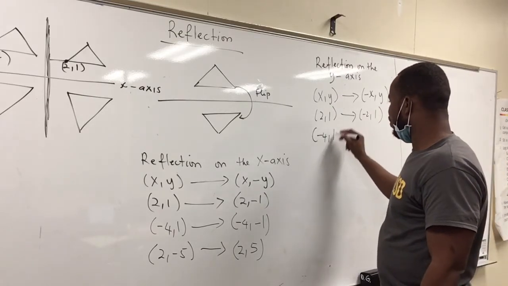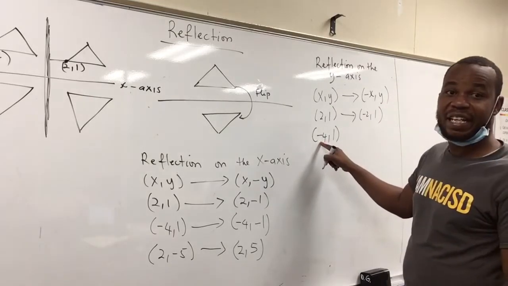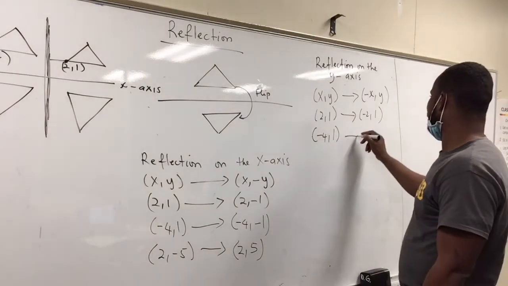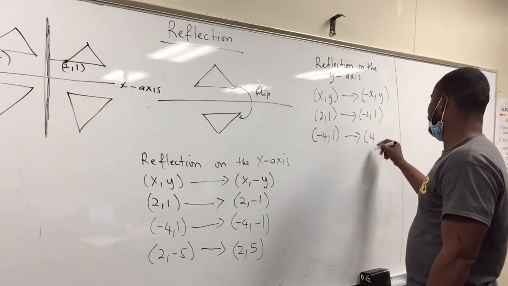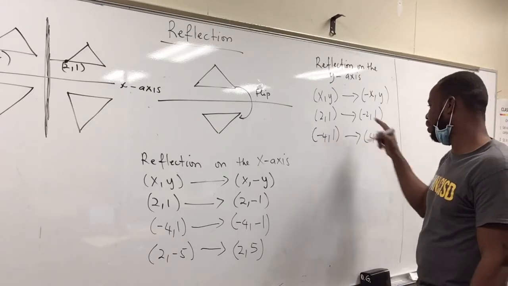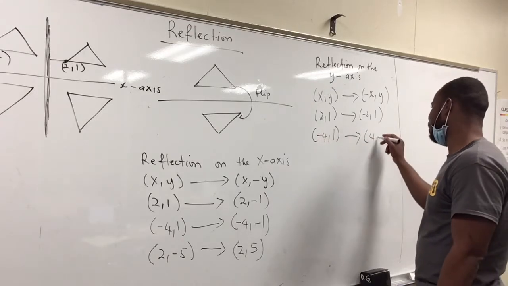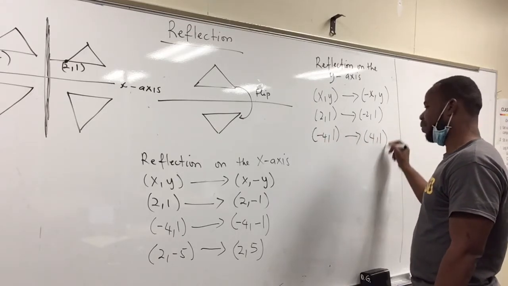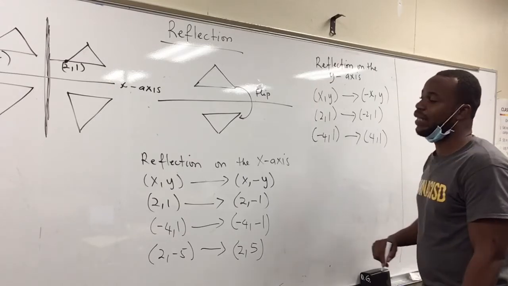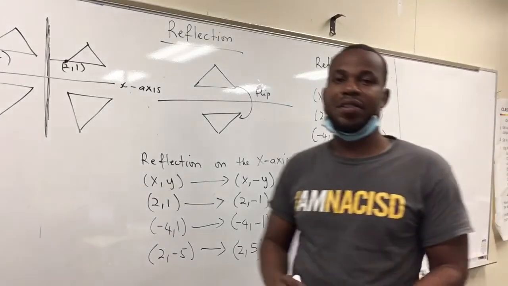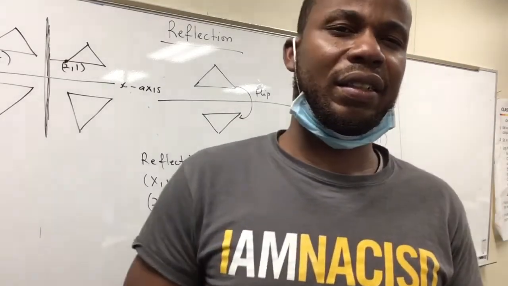Negative 4, 1. See, the sign here is negative 4. We now have 4. The sign becomes positive. When it is negative, positive. If it is positive, negative. Right? 1. That's basically to change the sign on the x-axis.